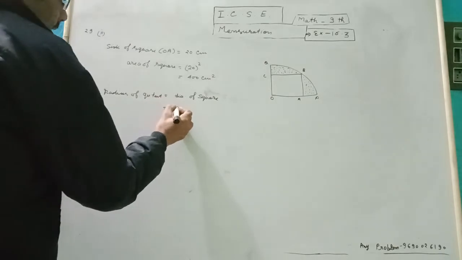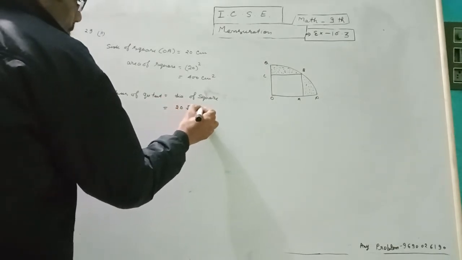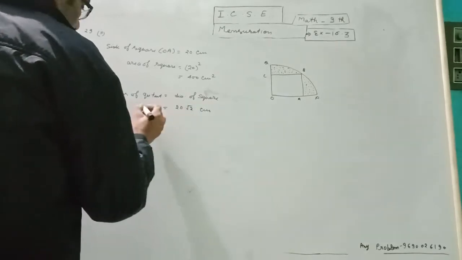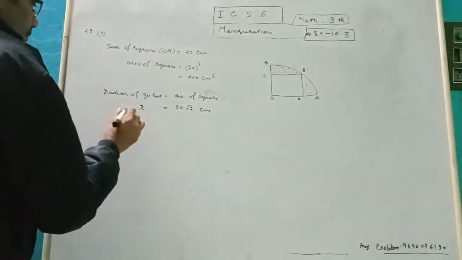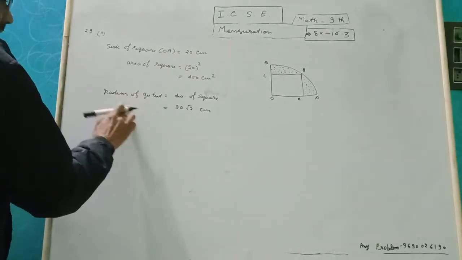Diagonal of square is equal to side under root 2 cm. R is equal to 20 under root 2 cm.